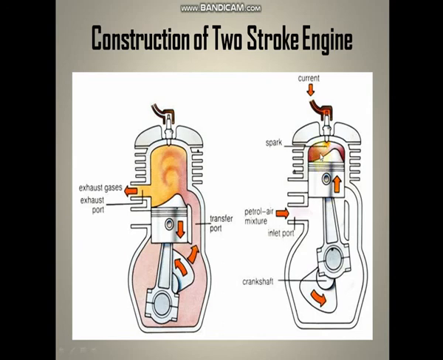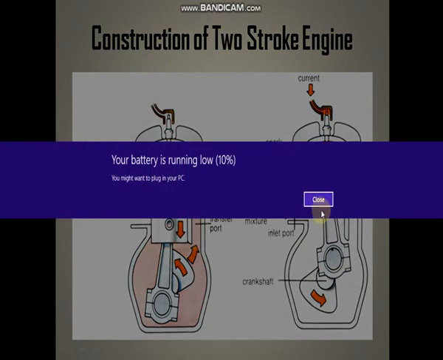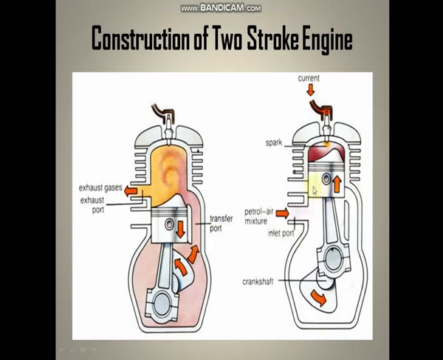And during this downward motion, the piston will uncover the exhaust port first, and through this exhaust port the exhaust gases will be expelled out to the atmosphere.